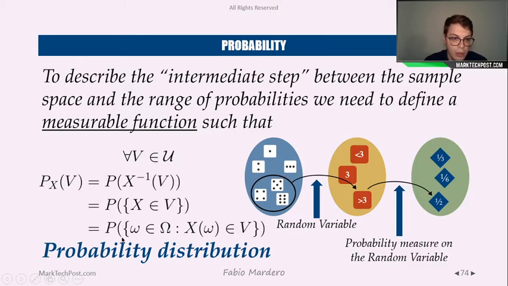We compute the probability of the collection of omegas such that x of omega maps into the space V.